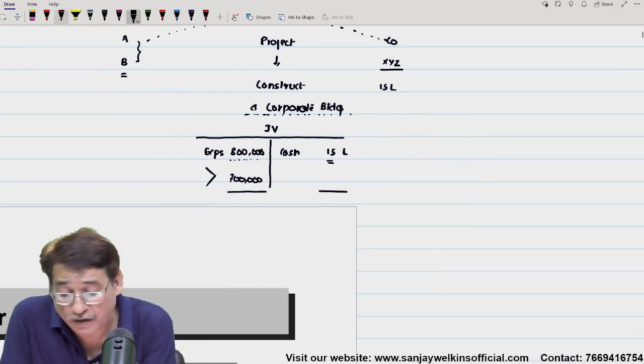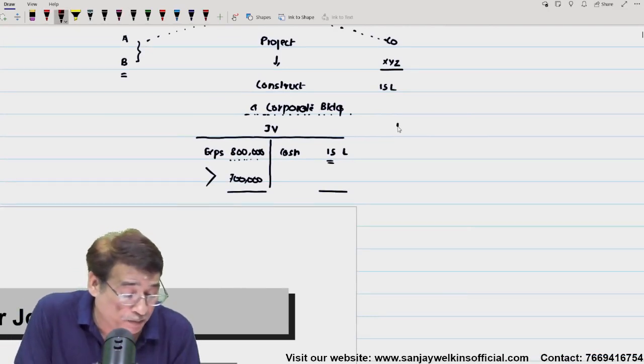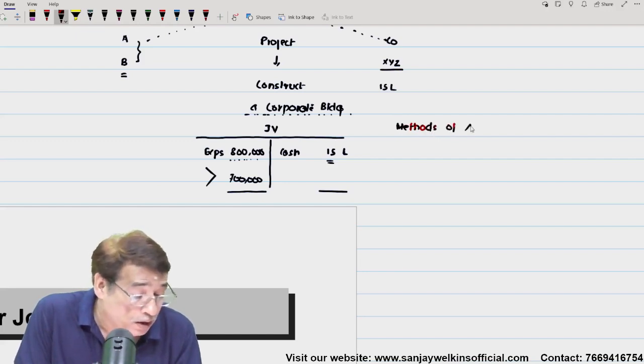As far as methods of accounting are concerned, in joint ventures there are three types of methods for accounting.